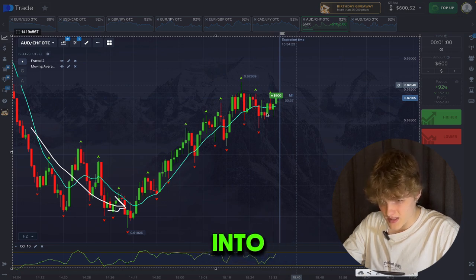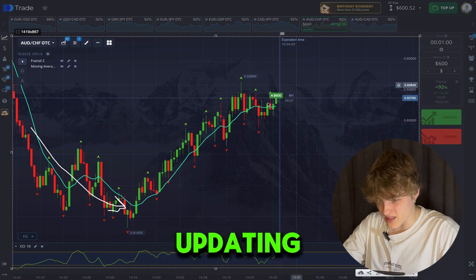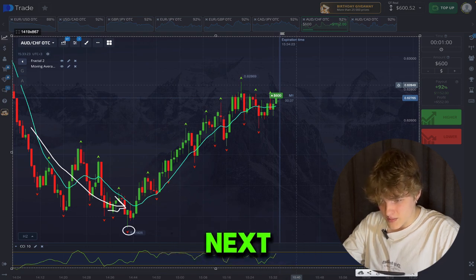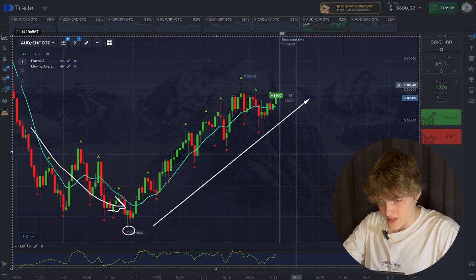The price went into correction, and then after updating the local price minimum, and the next movement dynamics took on a corrective character, the weighted moving average crossed from below upwards. And this is exactly the main signal for my entry.